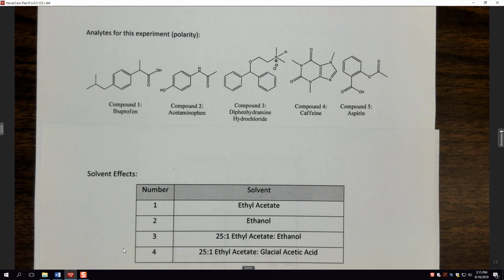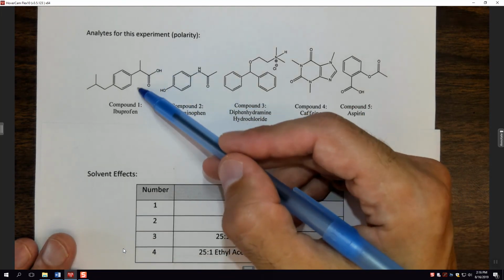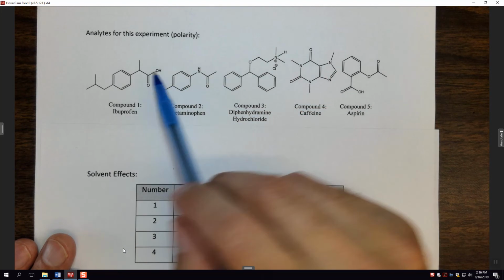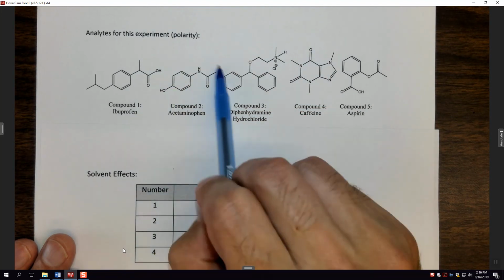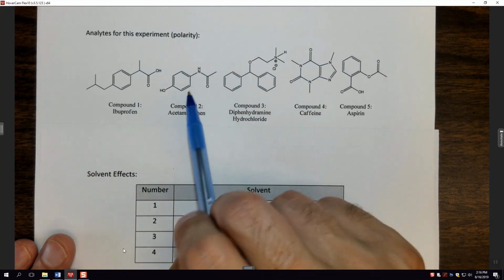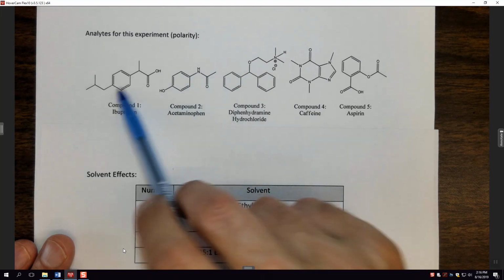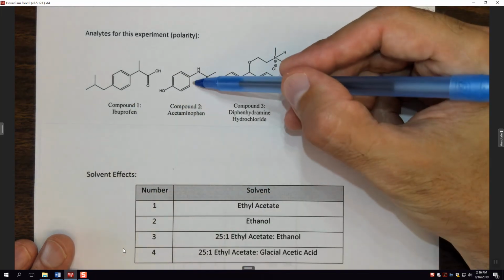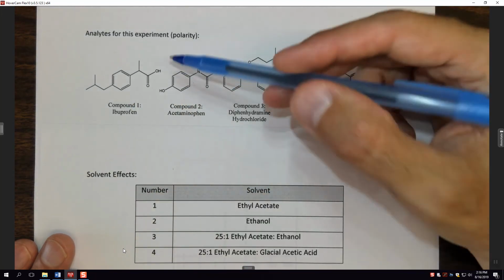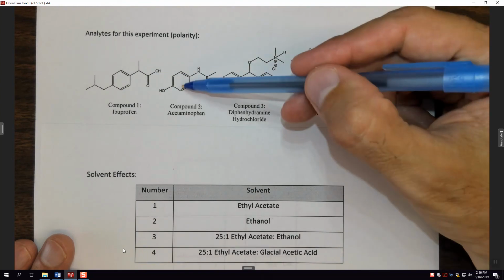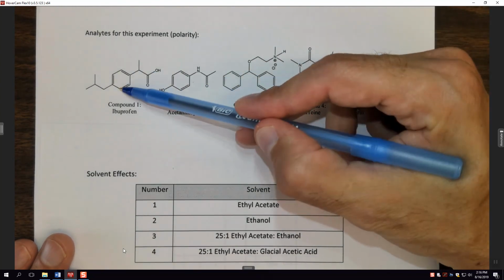Okay, so for example, one could argue this molecule contains a carboxylic acid. This molecule contains an OH and an amide group. However, it contains less carbons. So I think that relatively speaking, the RF of this one will be lower than the RF of this one. Said another way, I think this one is less polar than this one.